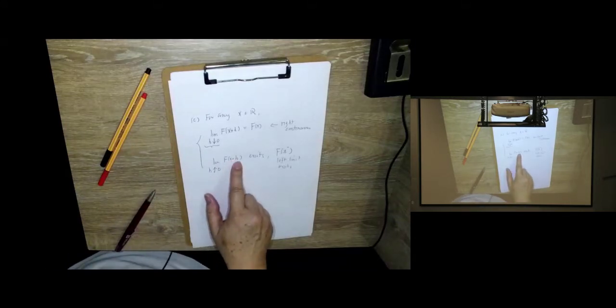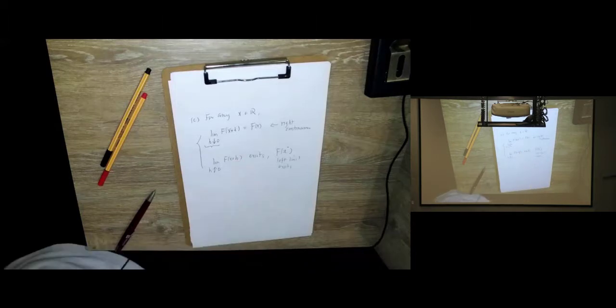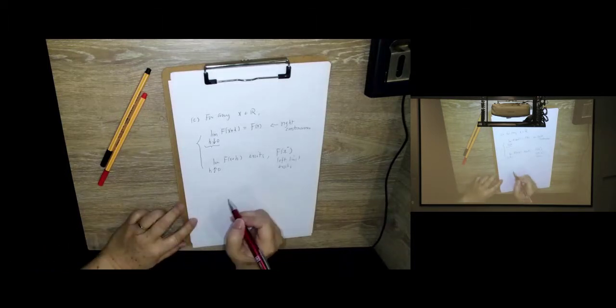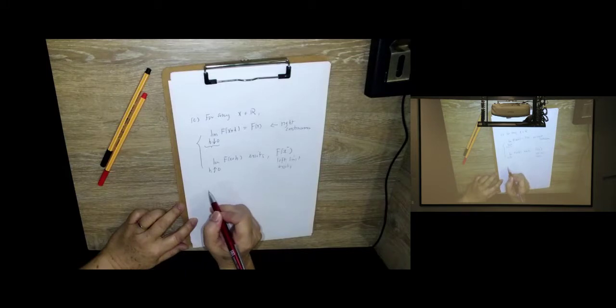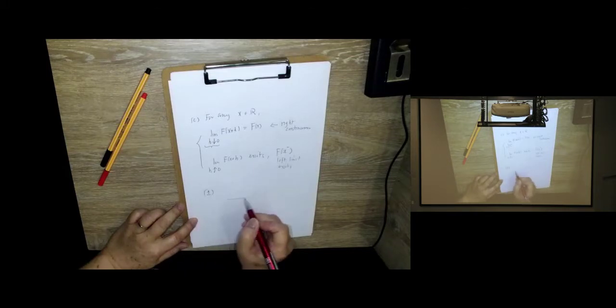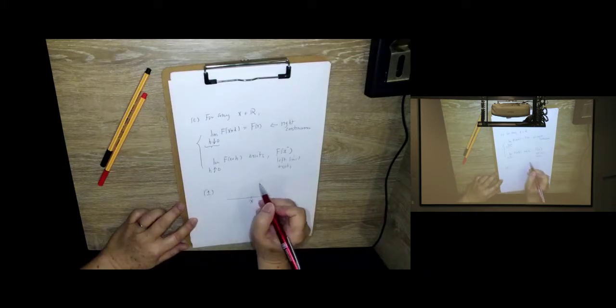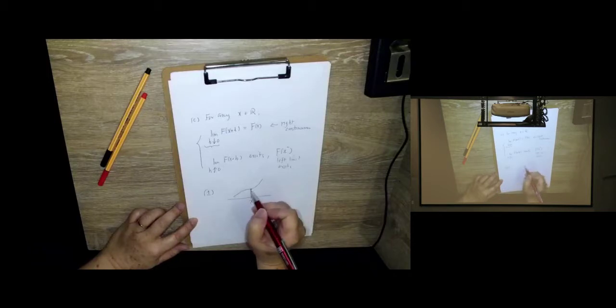So x plus h would be on the left-hand side of x. So you keep following the left-hand side, then you reach the hole, okay? If there is no hole, that's fine. So this is one situation. The function is continuous at x. All right? So it's okay whether you go along here.